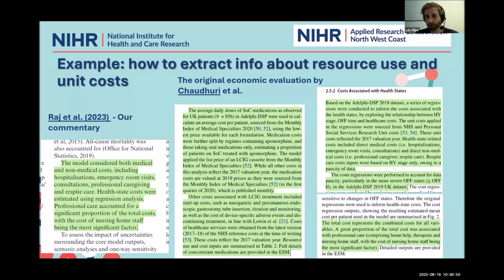And if the intervention makes the probability of the patient being in a more severe state lower, then the intervention is going to save in terms of costs. So this part is precisely saying the costs of each state. And then finally, this last part here below is talking about the costs of the staff, explaining that most of the costs of these states are going to be related with staff.